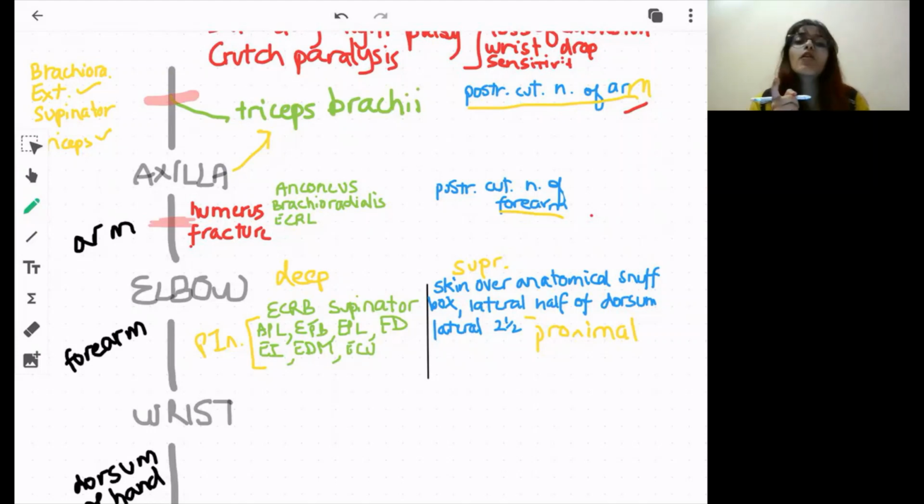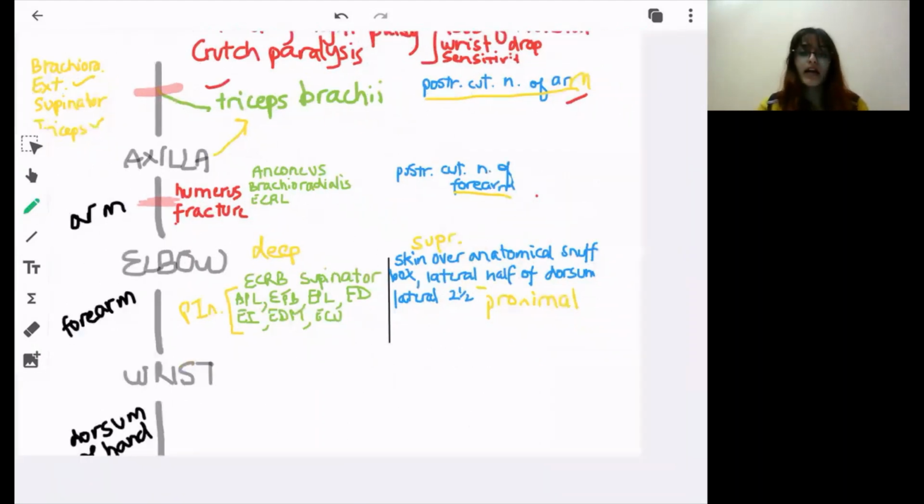Well, not really, because the triceps brachii is not paralyzed. The motor branches to the triceps brachii were given off in the axilla, and now the damage to the nerve is in the humerus. So the triceps brachii will be spared in this case. There may be partial weakness, but it will not be paralyzed. All other muscles will be paralyzed.